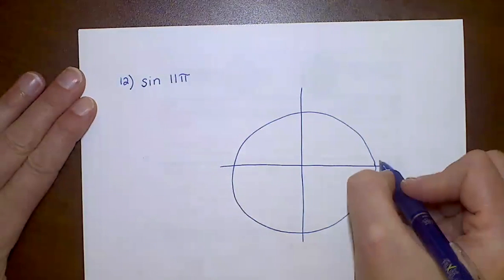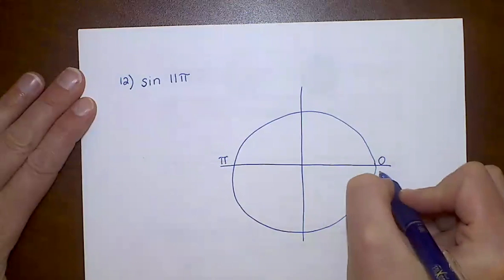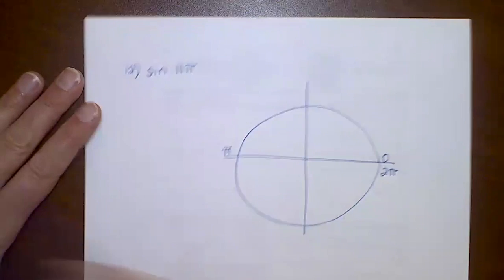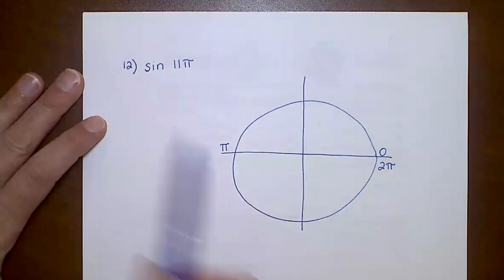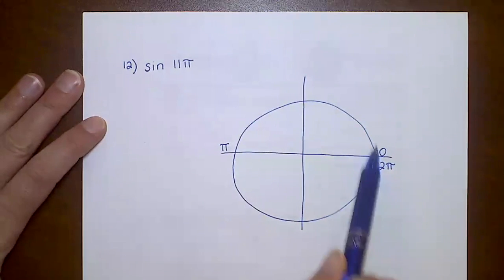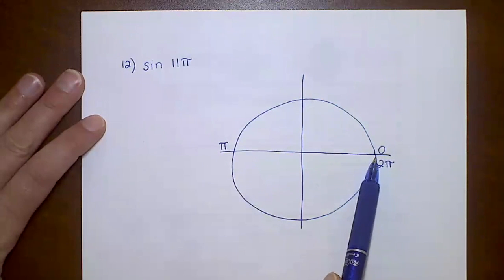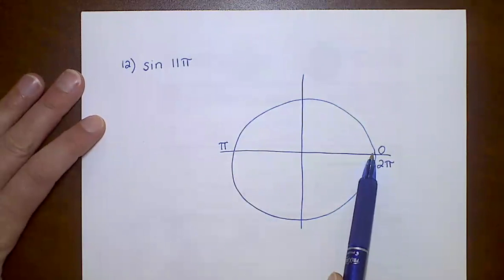Okay. So we know that this is 0, this is pi, and this is 2 pi all the way around, right? So if I'm counting by pi, I'm jumping by half a circle. So if I want to find where 11 pi is, I'm going to go, here's 1 pi, here's 2 pi. If I keep going, this would be 3 pi, 4 pi.